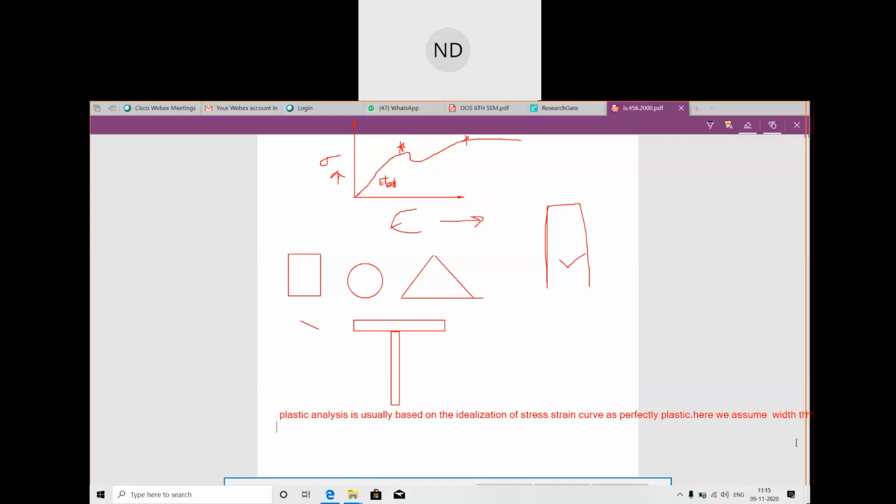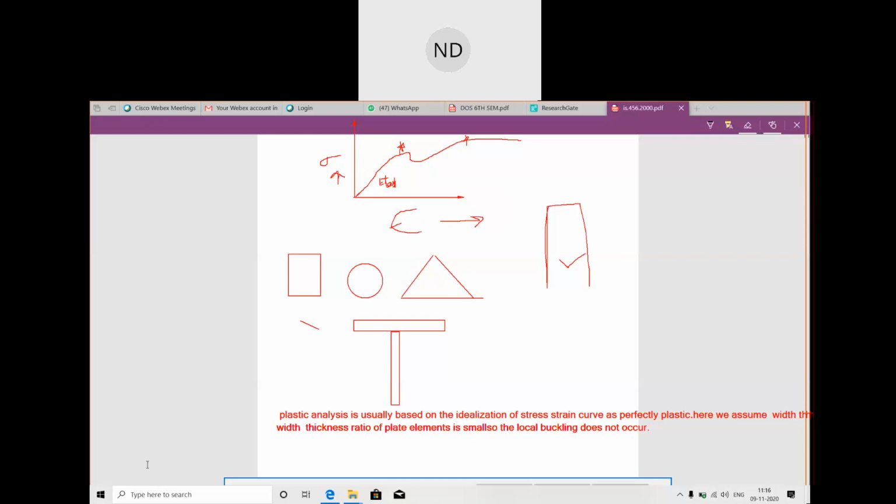And here we assume the width to thickness ratio of the plate element is small, so the local buckling does not occur.